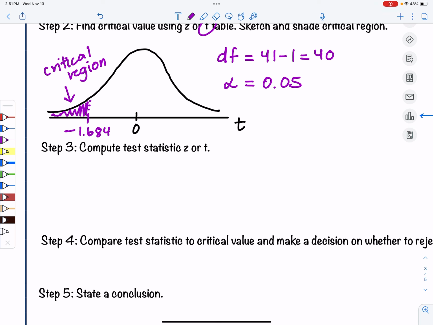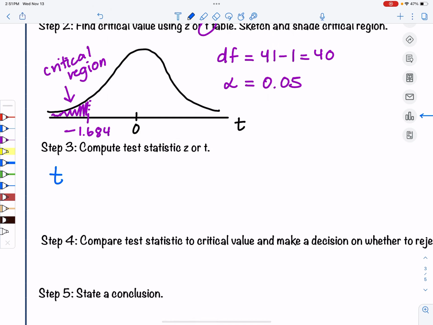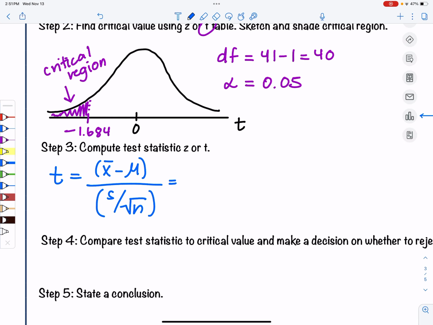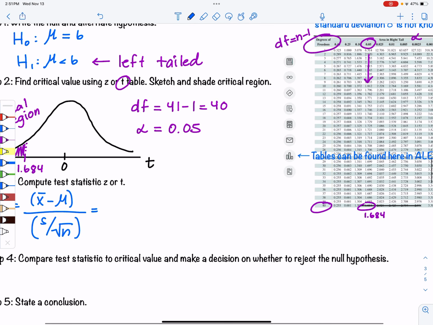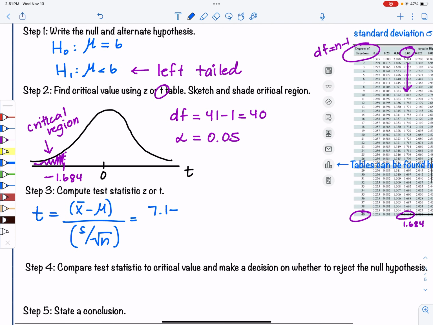All right. Now, just like we did for Z, the next thing we're going to do is compute our test statistic. The formula looks a little bit different just because of notation. We're using S, the sample standard deviation, instead of sigma, but it's the same calculation that we did for Z. All right, so my sample mean, X bar, is 7.1. Mu that I'm testing here is 6.